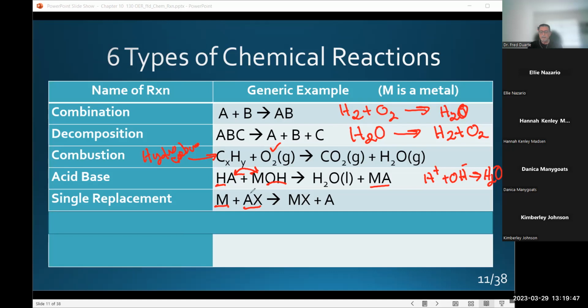The A, which had possibly a plus charge, now goes back to elemental form. And M, which was in elemental form, now goes into ionic form. See what happened? They exchange partners, much like the one we just talked about, where two reactants exchange partners. Here, just the metals.